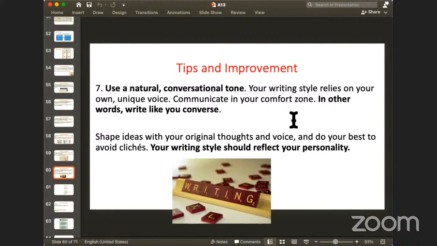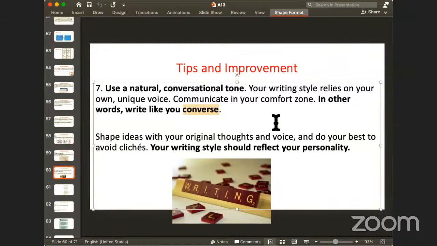You should always try to write in your own way. Obviously, if there are words that maybe you don't know, or you want to use a different word, you can always look it up. But you should write like you talk, like you have a conversation with someone.